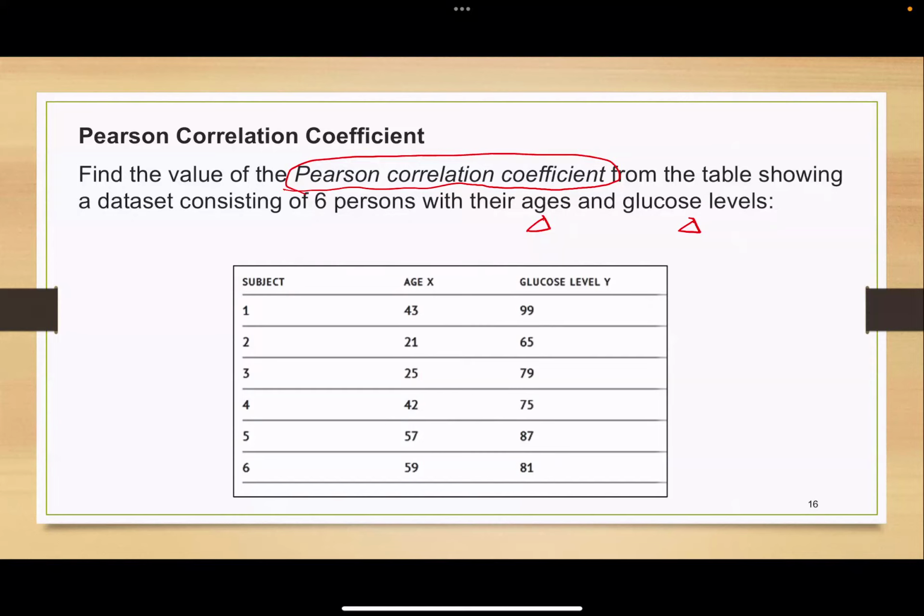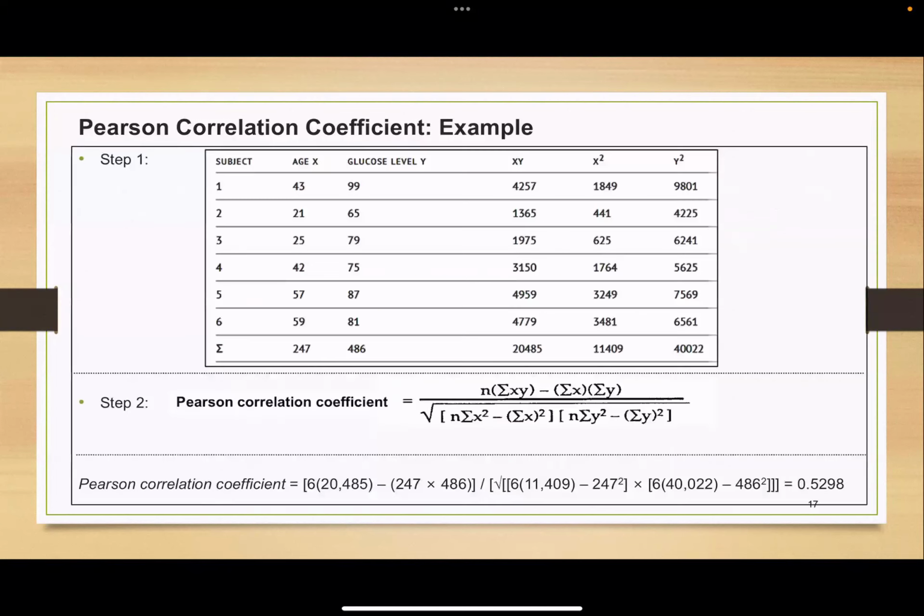We just need to calculate the Pearson correlation coefficient between the two groups of data. Here's how we calculate this. There's a formula here, but you don't need to remember this, okay? It's just a brief introduction to this coefficient, but we are not going to calculate it in our exam, okay?